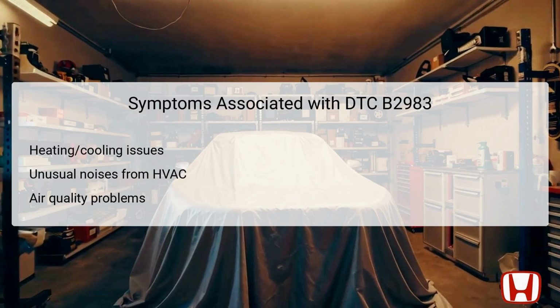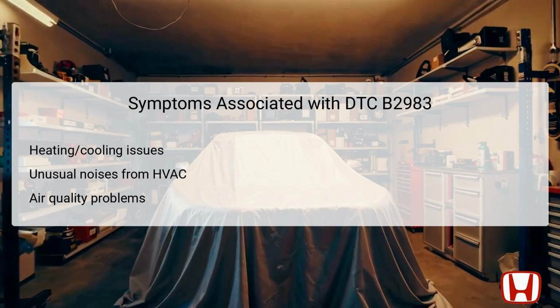When DTC B2983 is triggered, drivers may notice a variety of symptoms that indicate there is an issue with the recirculation control system. One common symptom is heating or cooling inefficiency, where the climate control system does not adequately cool or heat the cabin as expected.